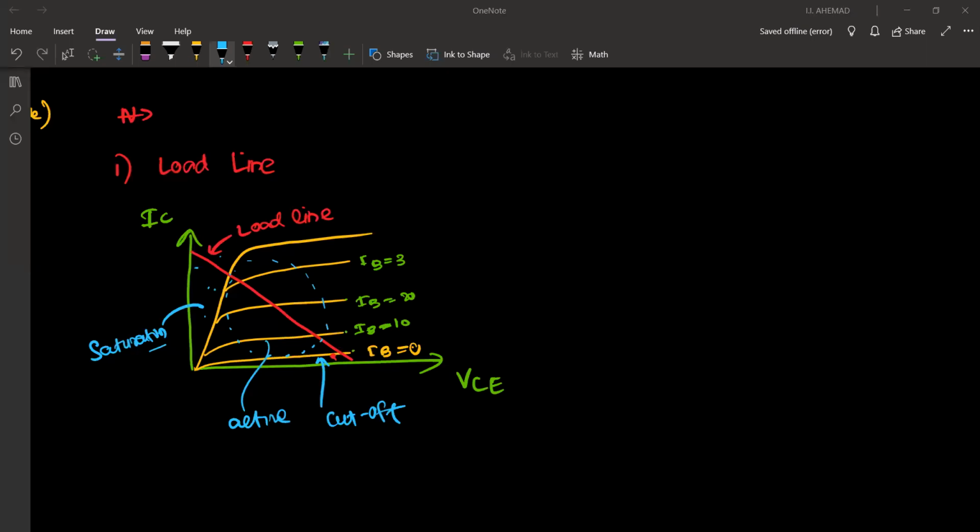Now, in this, we have a point. First, draw this graph. If I write the equation, VCC is equal to ICRC plus VCE plus IERE.